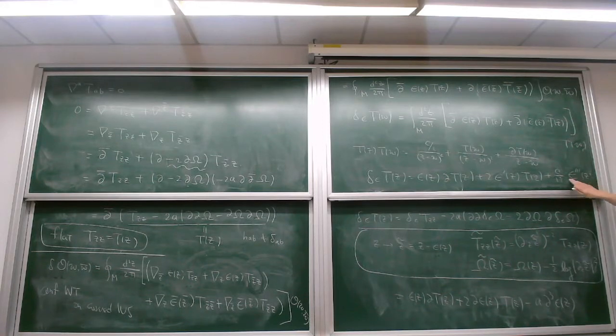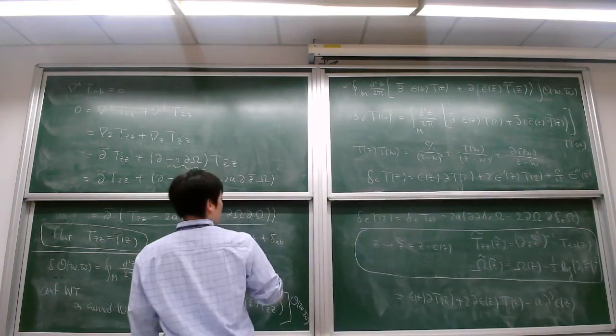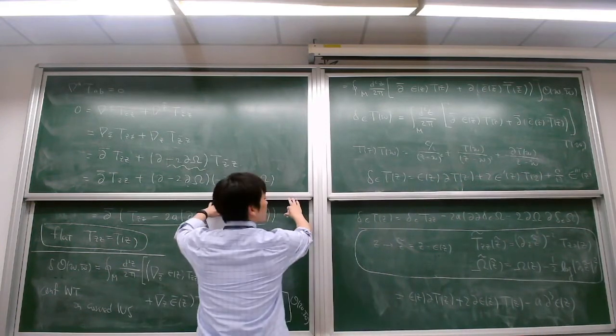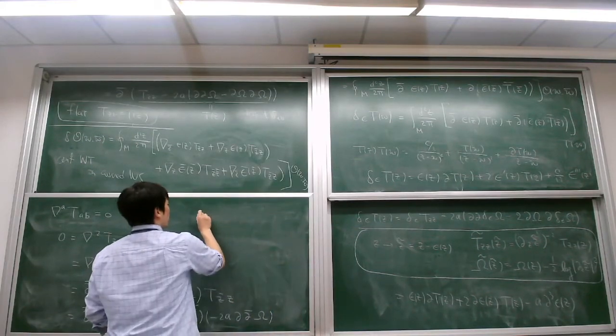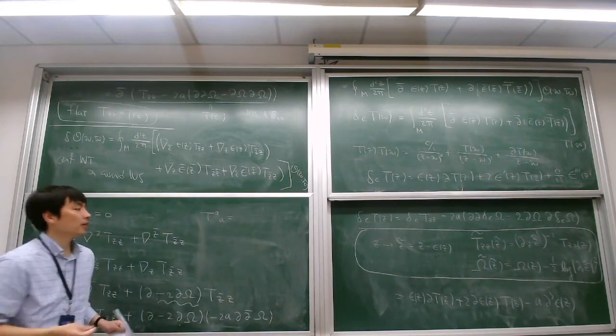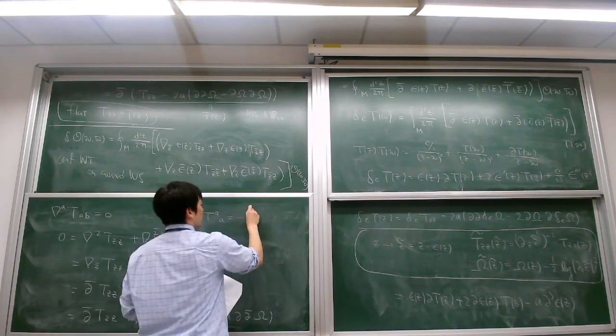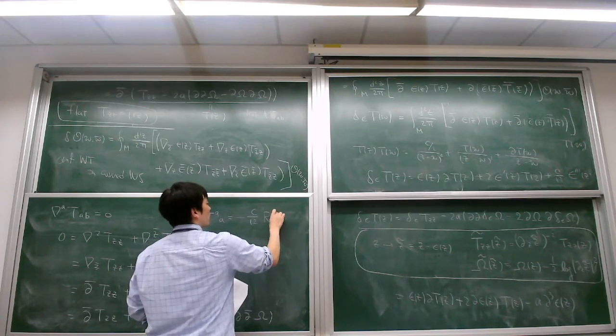So by comparing this one and this one, you can easily relate A is equal to, what was it? So the trace anomaly, or Weyl anomaly, is equal to minus c over 12 of R, the curvature scalar.